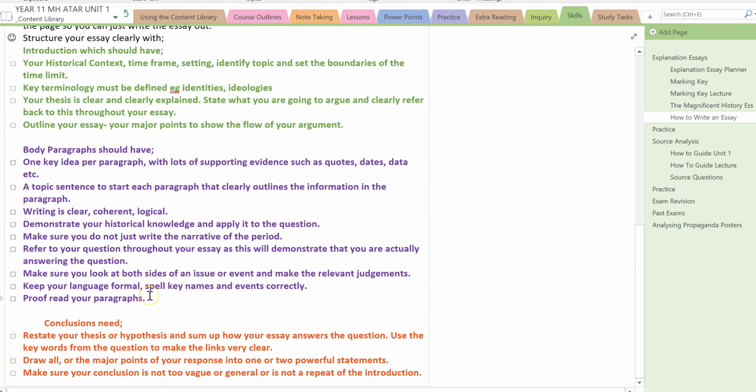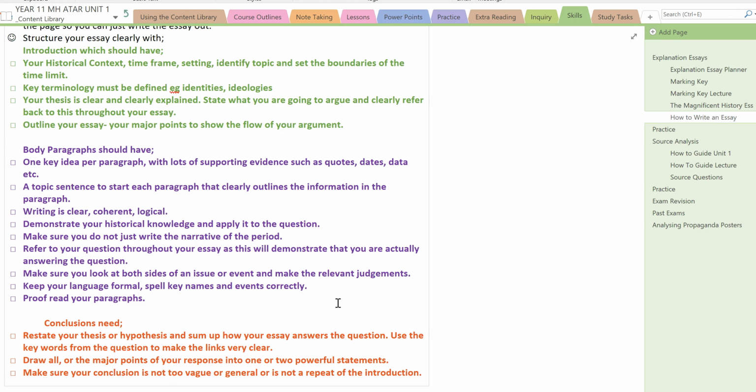Keep your language formal. Make sure your key names and your events are spelt correctly. There's nothing that annoys your marker more than when you incorrectly spell key things. Sometimes a few spelling mistakes here and there are not going to hurt, but key events, ideas. So you don't want to misspell capitalism for this.